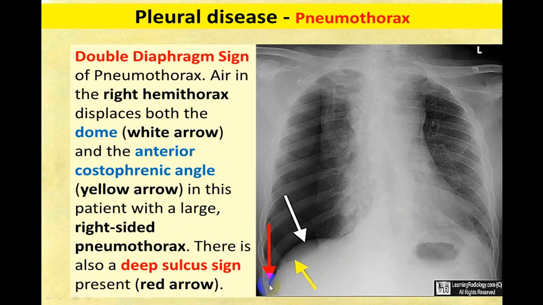This is the costophrenic angle and it is a little deep. So this is called deep sulcus sign. This is deep sulcus sign and double diaphragm sign. I can see this diaphragm and this is another diaphragm. So these are called double diaphragm sign and deep sulcus sign, and you can see this border of the lung.